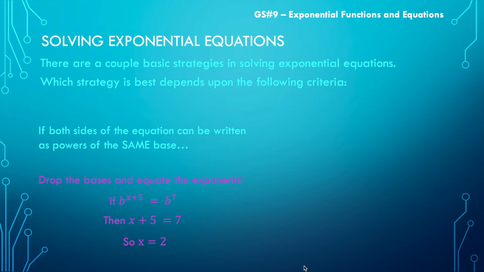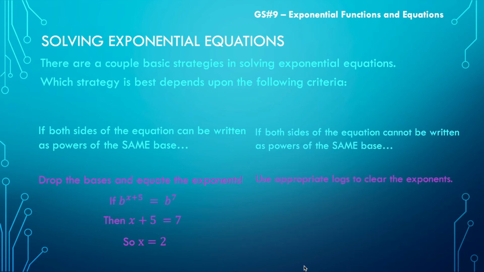Another way, if you can't write them as powers of the same base, is to use appropriate logs to clear the exponents. There are a couple of different ways to do this, but one of them is, if you've got an equation where b raised to x is equal to c, I can take a log base b of both sides of the equation.